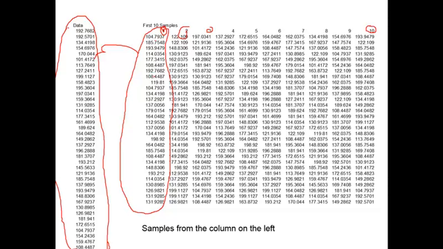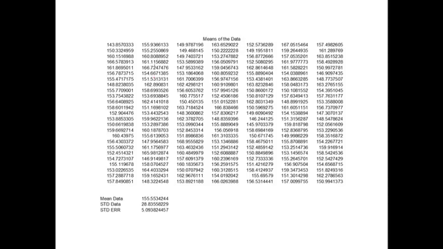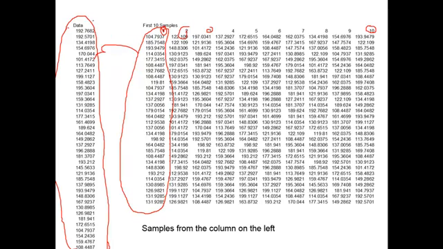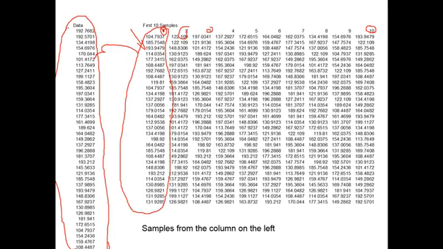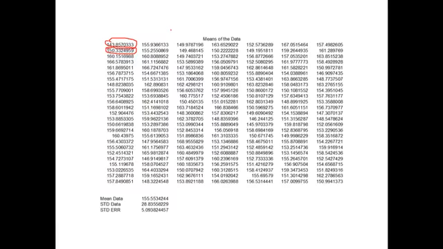Taking those samples, and then for each of those samples, I've taken an average. So this number right here represents the average of that column. This sample right here is the average of this column, and so forth.